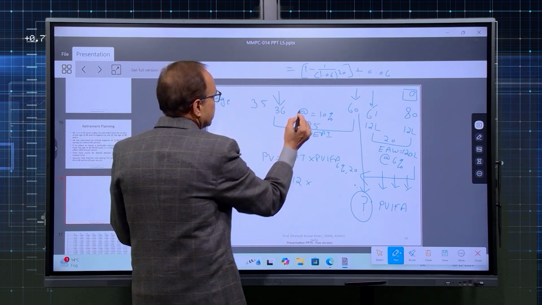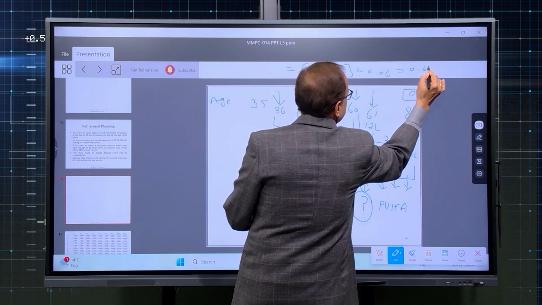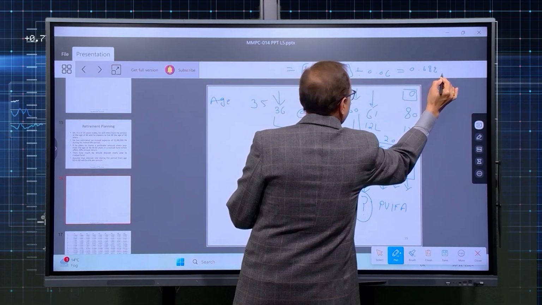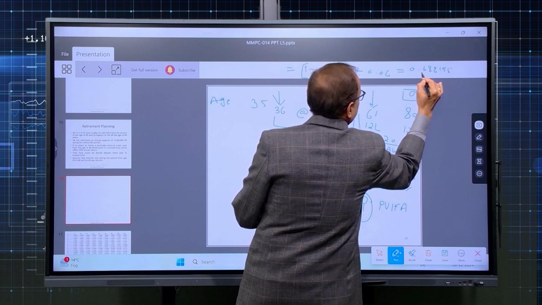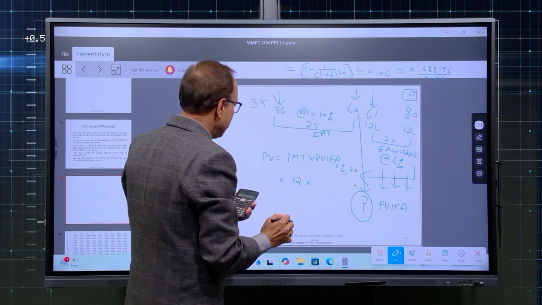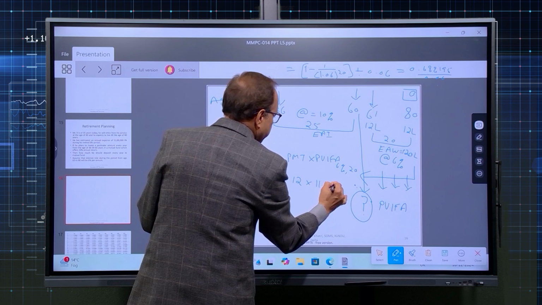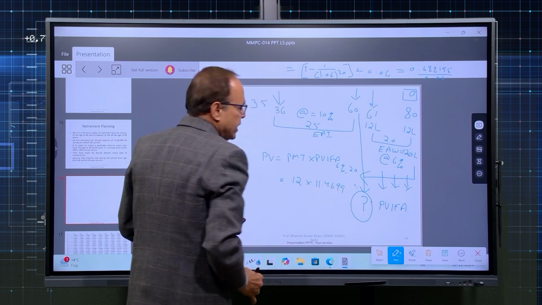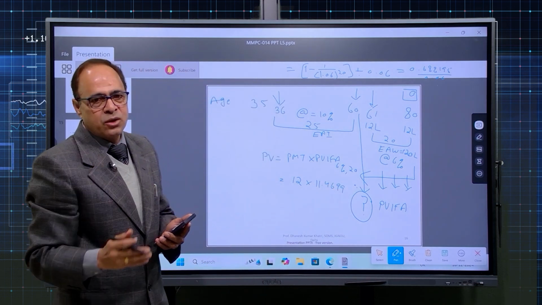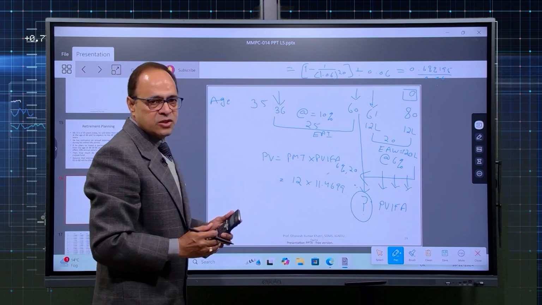So, we get 0.688195 divided by 0.06. So, this factor becomes 11.4699. In the annuity table, in the row of 6% and the column of 20 years, you will get this factor.